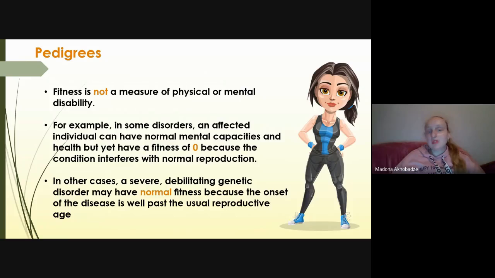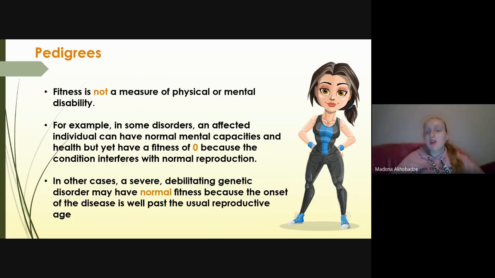I will give you an example, you will understand. Like in case of Alzheimer's disease, one of the most common reasons for senile dementia, fitness is 100%. It means they have 100% ability to reproduce and give offspring.